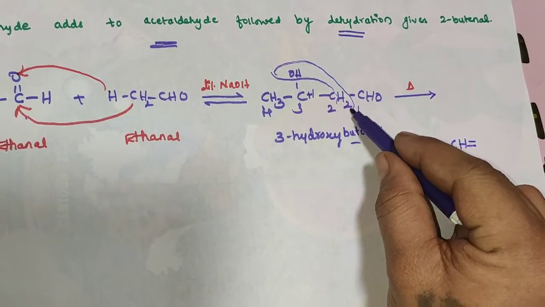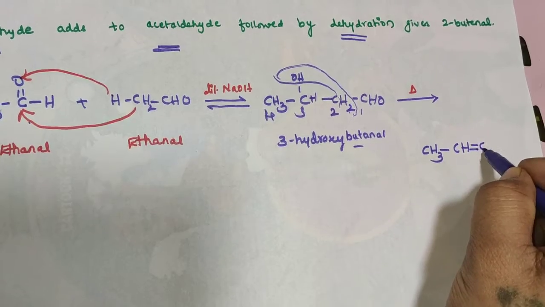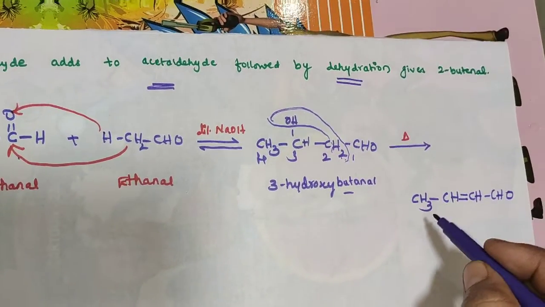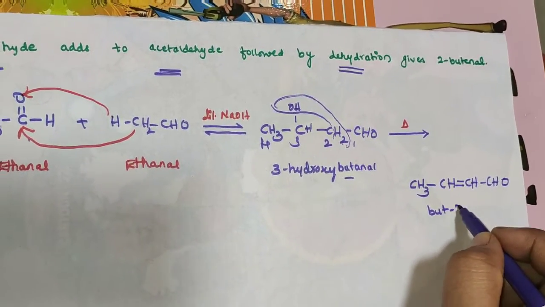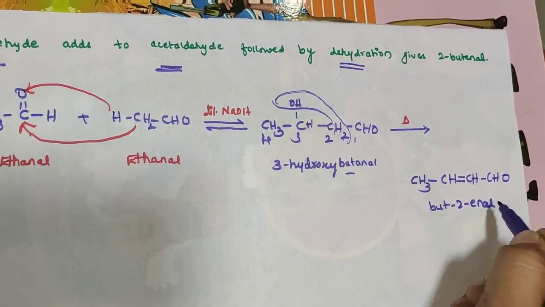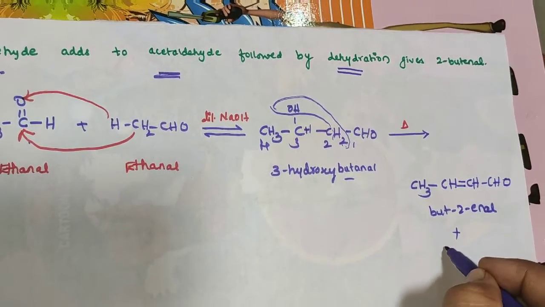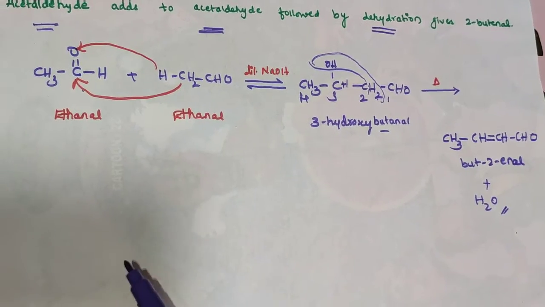One of the H is already removed, so it is CH, and the remaining is CHO. This is known as but-2-enal, with removal of H2O. This is the dehydration product.